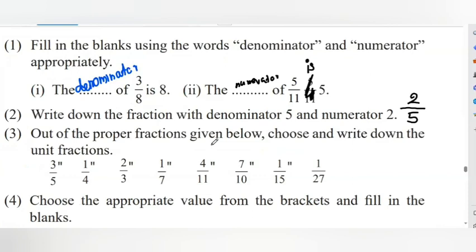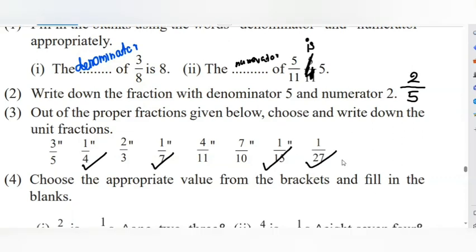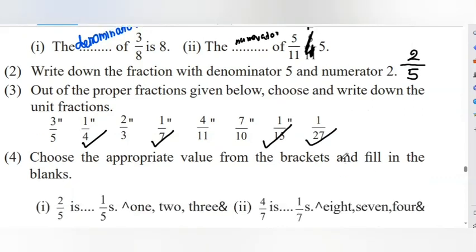Can you read what the unit fractions are? 1 out of 4, 1 out of 7, 1 out of 15, 1 out of 27. These are the unit fractions, no?